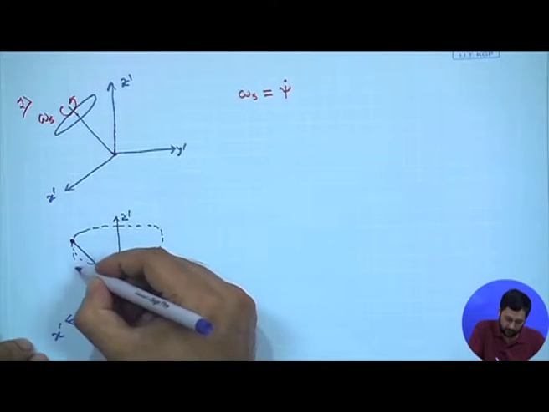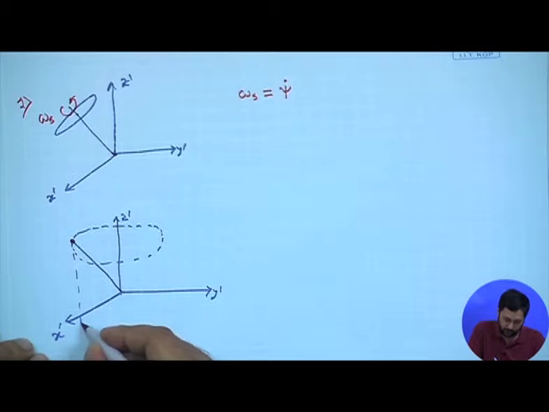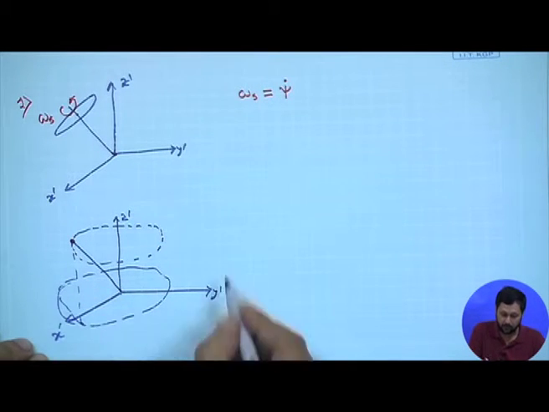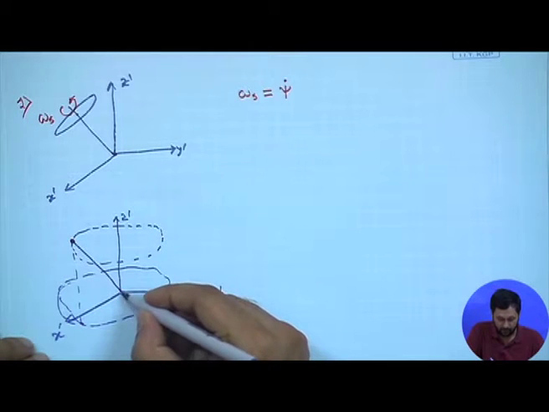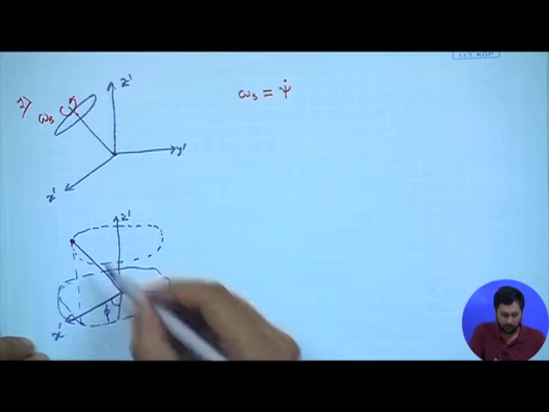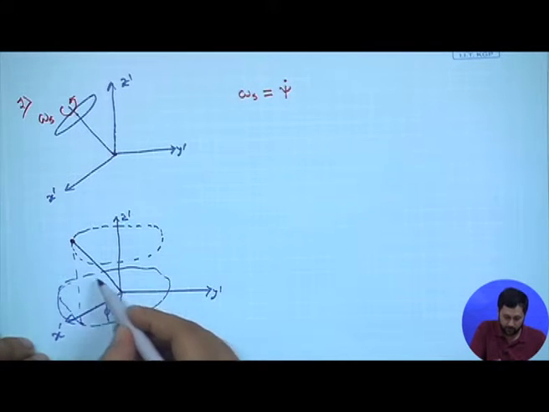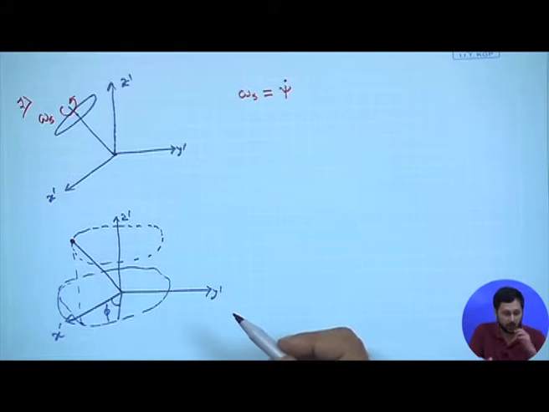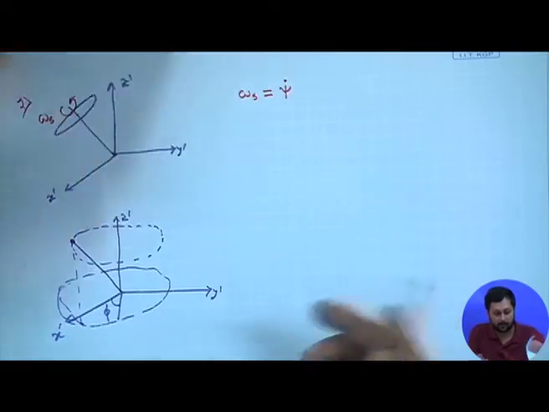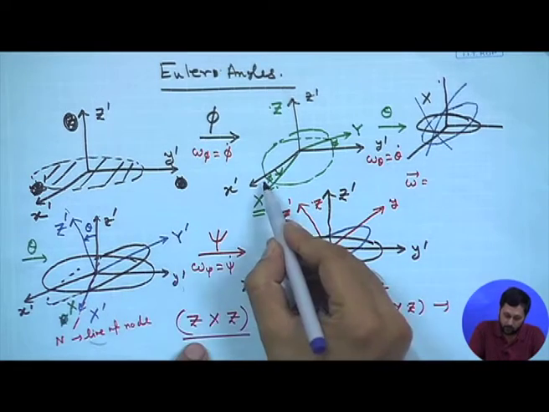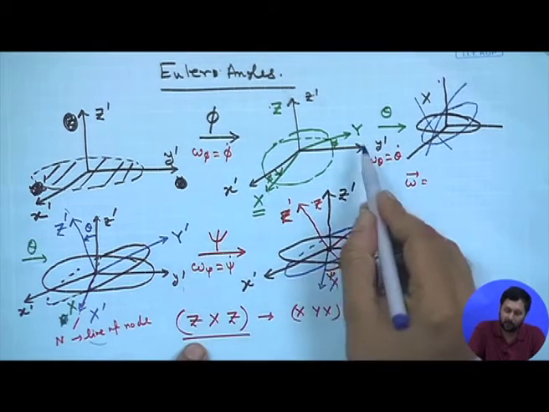Now, this precession, if I project it in the xy plane, will be a kind of closed motion. I am not saying it is a circular motion, I will just say it is some kind of closed motion in the xy plane, which is very well described by phi, is it not? Because we have a motion around the space z axis, and if you recall our initial discussion on Euler angles, the first Euler angle phi is a rotation around the space z axis.